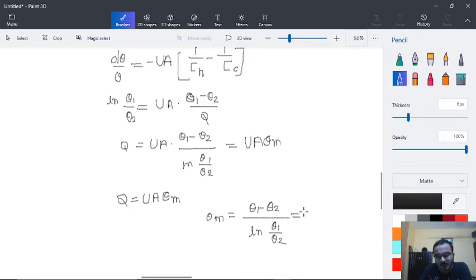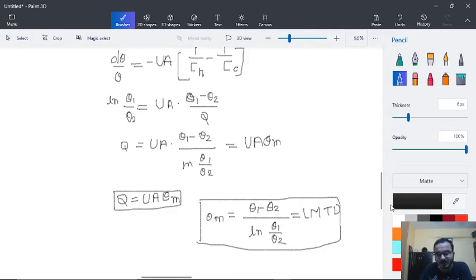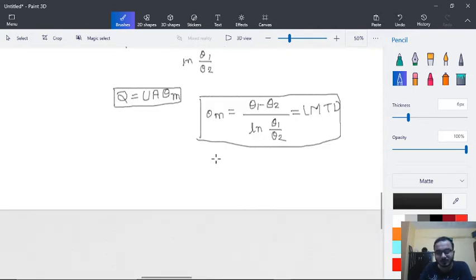This is equal to LMTD for counter flow heat exchanger, and both are same, but what will be the difference here? In LMTD for counter flow, theta 1 will be equal to TH1 minus TC2, and theta 2 will be equal to TH2 minus TC1.